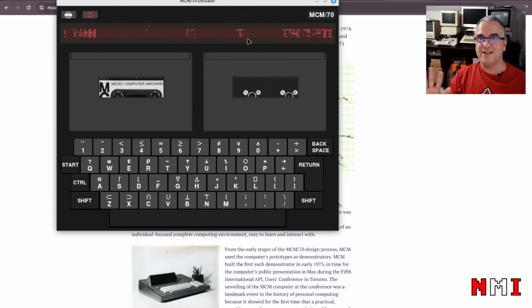I have no idea how to play this game, right? Age. What does that mean? Is this correct? I'm gonna try O. It's funny that O looks like a zero.